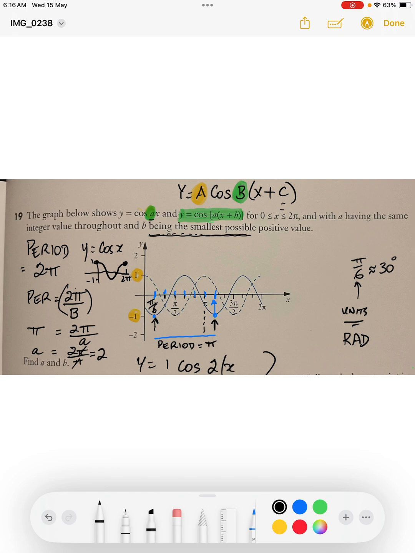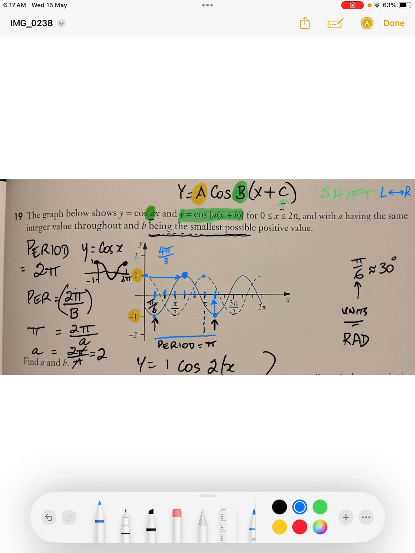Now, if we take this cos graph here, this is our horizontal shift, our translation to the left or translation to the right. If we move it to the right from this point all the way across to this point here, that is 1, 2, 3, 4 pi over 3.